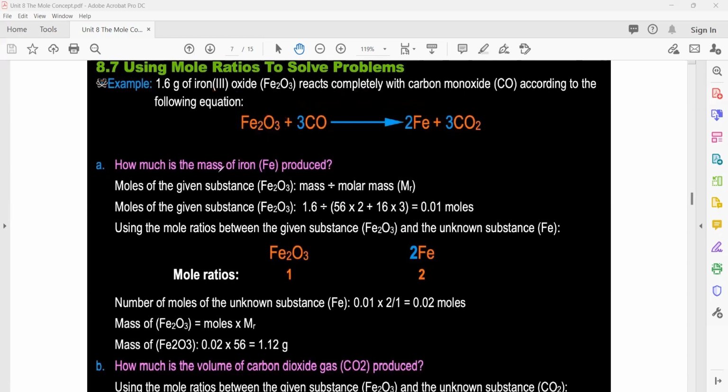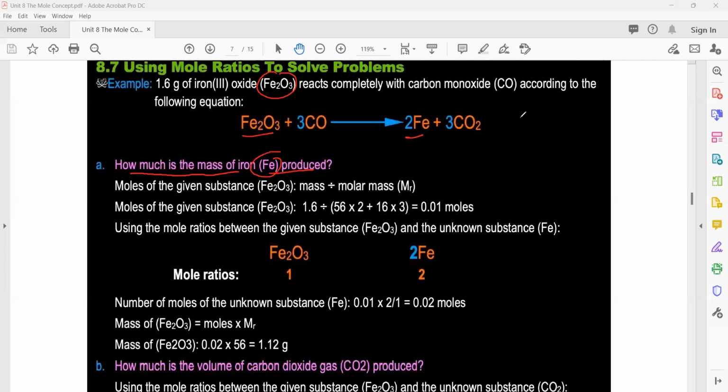Now what is the question? They said how much mass of iron is produced here? Now for that, you need the mole ratio for all of them. Now they are comparing two things: iron oxide and iron.